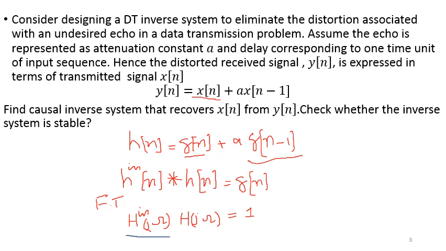So that means H inverse of j omega equals to 1 over H of j omega.